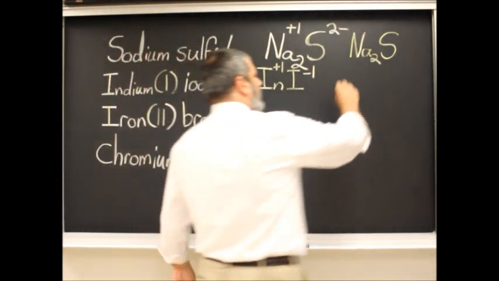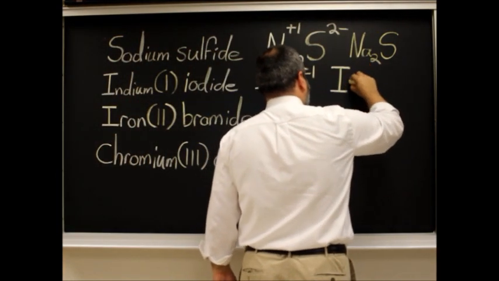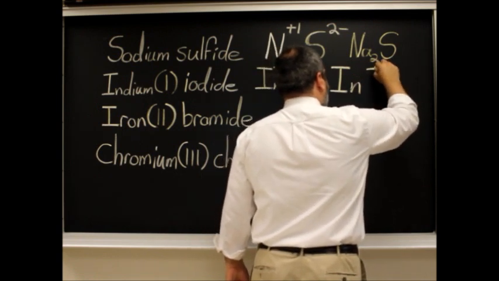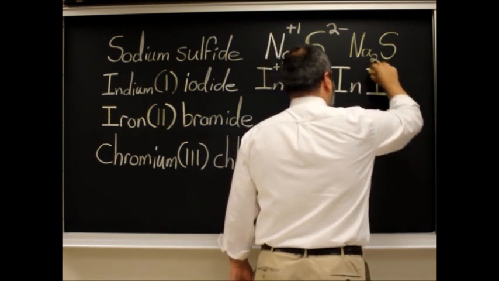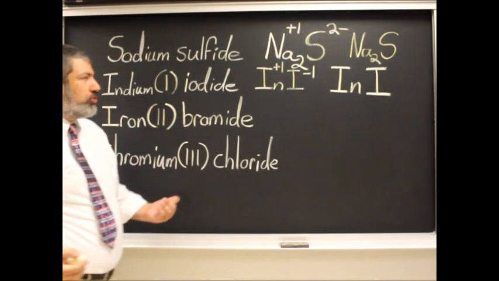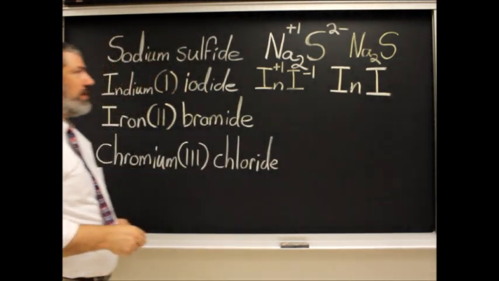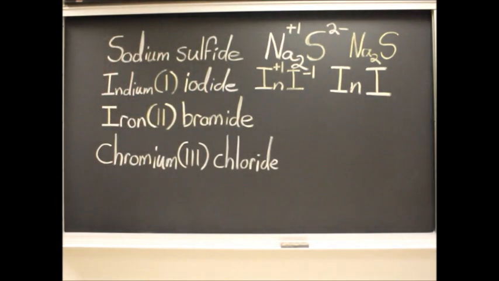It's a 1-to-1. So to make this look a little neater, especially how badly I'm writing this, InI. Again, it's understood that there's a subscript of 1 and 1. You don't have to write that out explicitly. +1, -1.